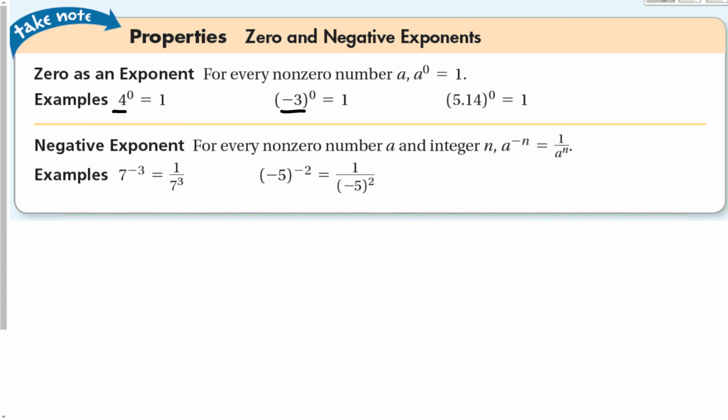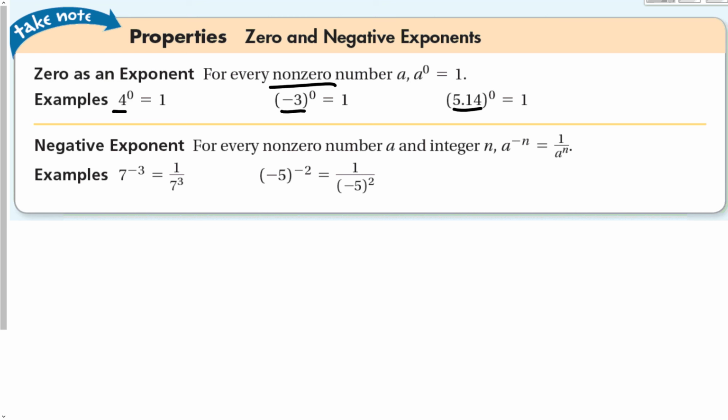We could raise a negative number to the 0 power. We could raise a decimal to the 0 power, a fraction to a 0 power. Anything to a 0 power is 1, unless it is 0. We'll talk about that in a second. So for every non-zero number, if you raise it to a 0 power, you will get 1.